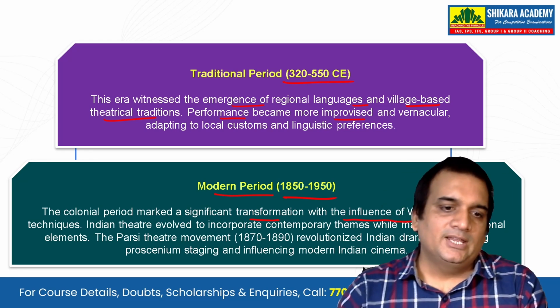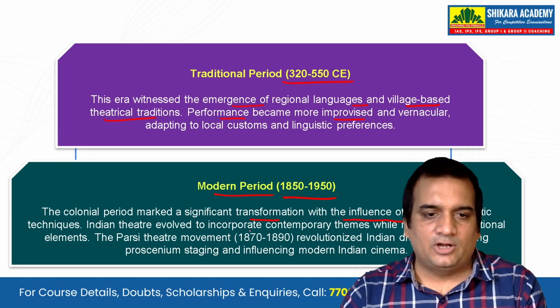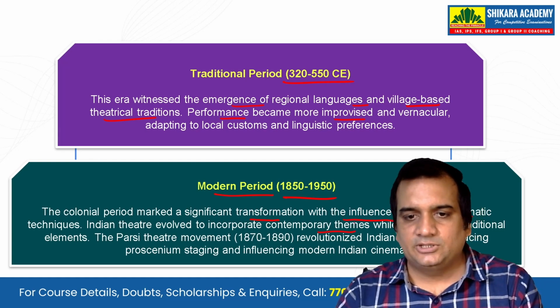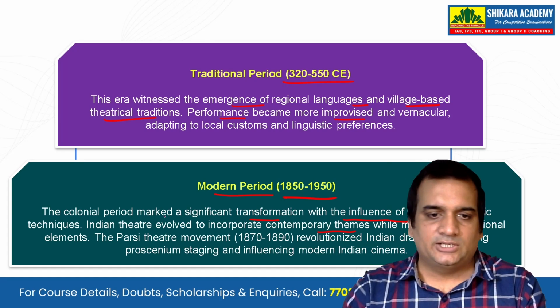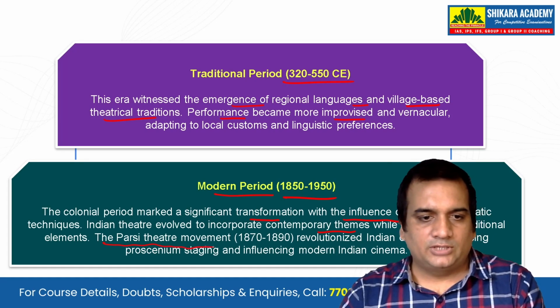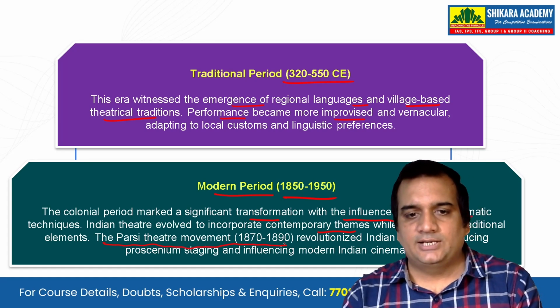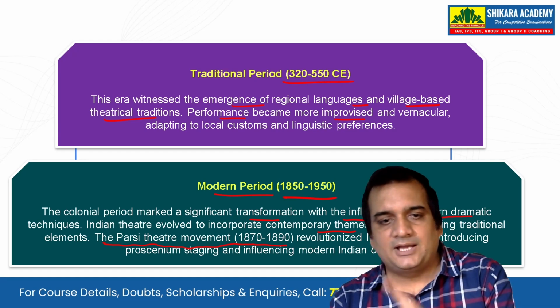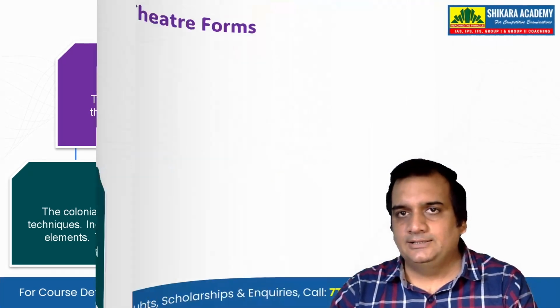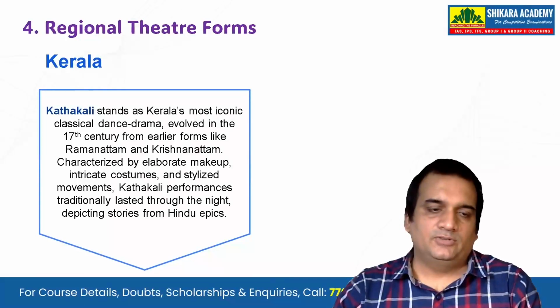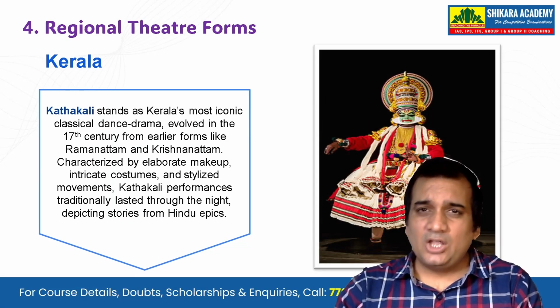It was inherited by Indian theatre, which evolved to incorporate contemporary themes while maintaining the traditional elements. The Parsi theatre movement, also note down, from the year 1870 to 1919, revolutionized Indian drama, introducing staging and influencing modern Indian cinema. So the Parsi revolution is also of great impact.